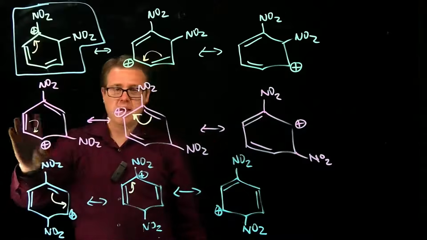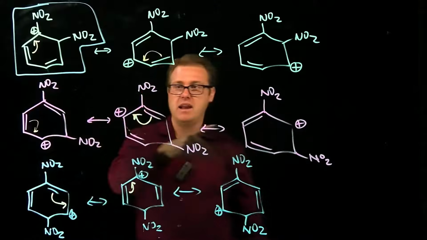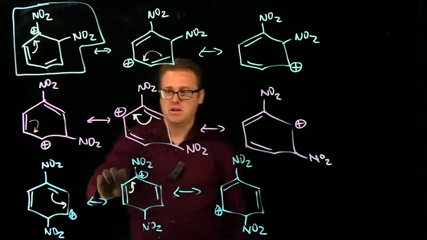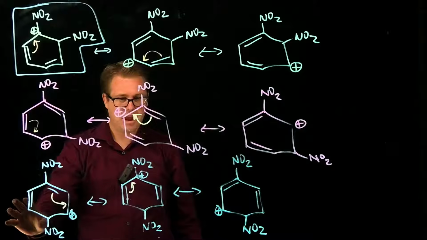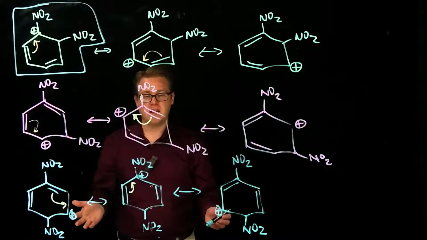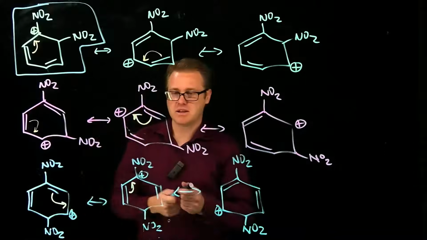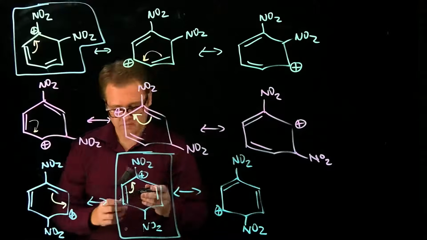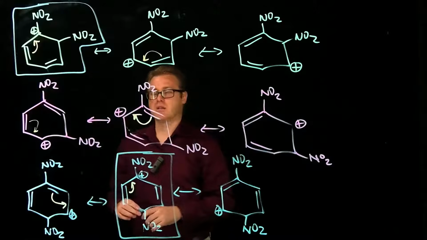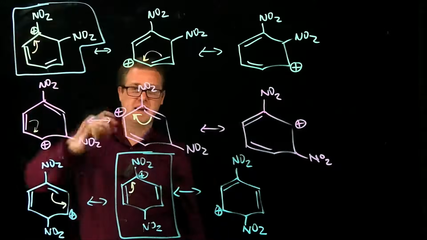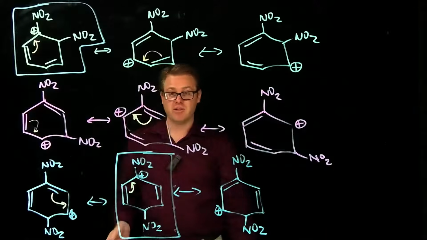But when you look at the meta position, it does not have one of these ultra unstable resonance structures. But when we look at the para, can you find the one that's ultra unstable? You see that it's going to be this one. So the ones that are ultra unstable are the ones that have a positive charge on the carbon that's attached to the electron withdrawing group.